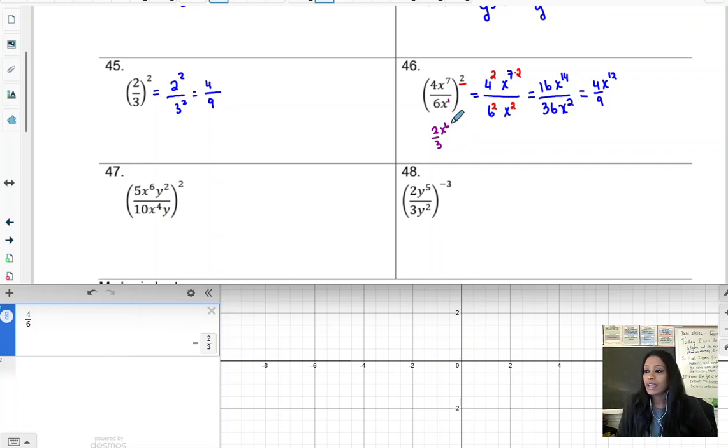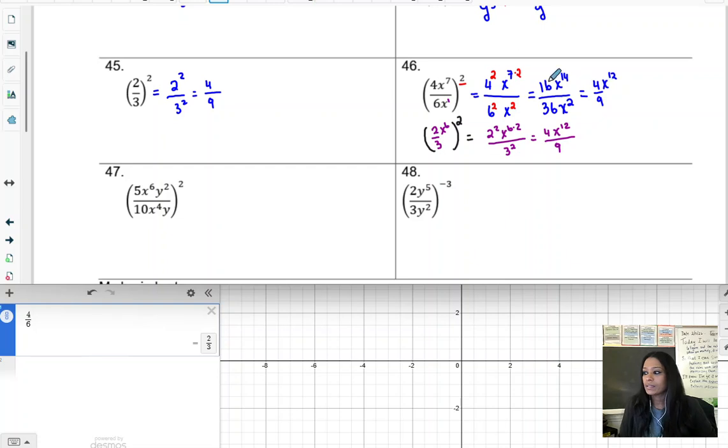Okay, and then you can go ahead and take the power of everything. Okay, so these two are the same thing. And so this ends up being 2 squared and then x to the 6 times 2 over 3 squared. So 2 squared is 4, x to the 6 times 2 is 12 over 3 squared is 9. Let's see, we get the same answer.